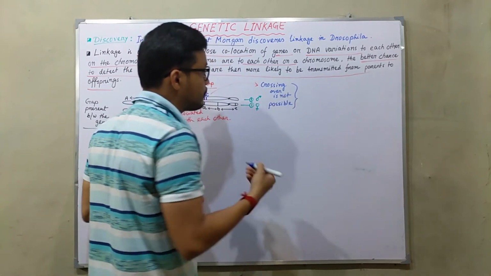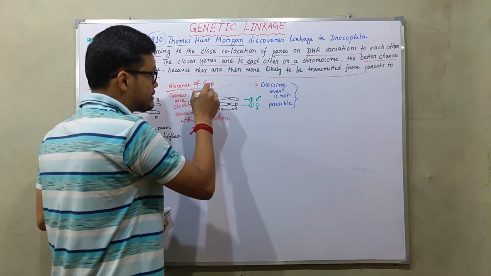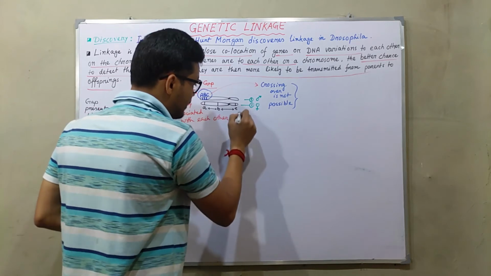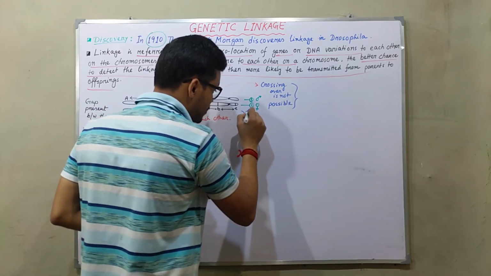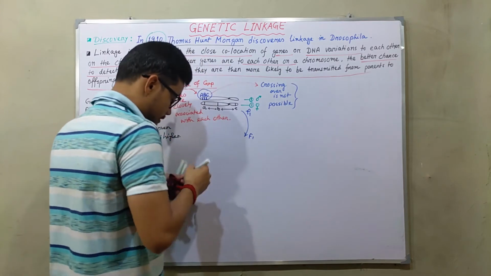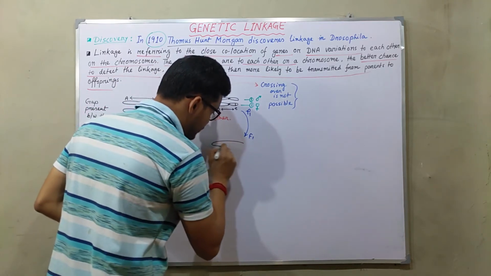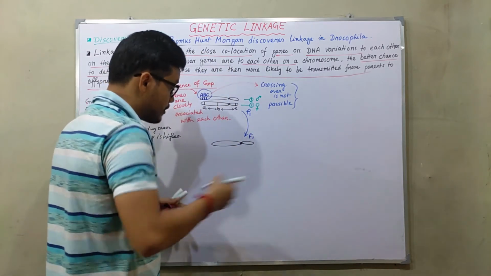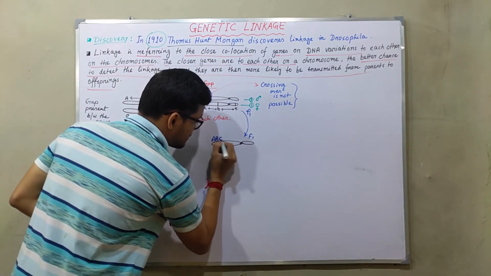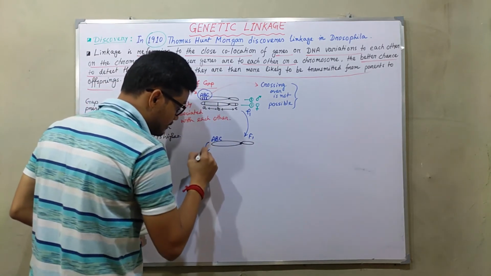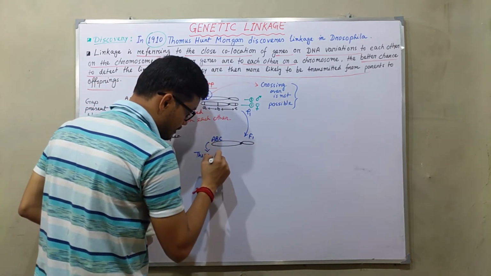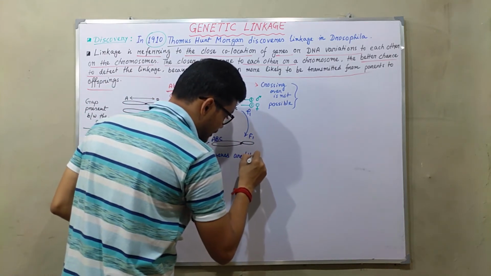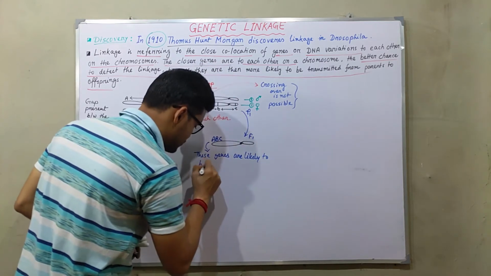If there is a lower frequency of crossing over, then these genes should be inherited together in the next generation. So from P1 to F1, these genes that are closely associated with each other are likely to be transmitted together.